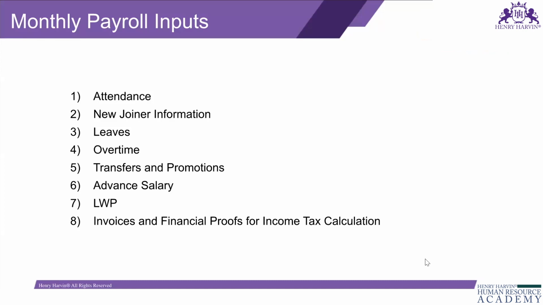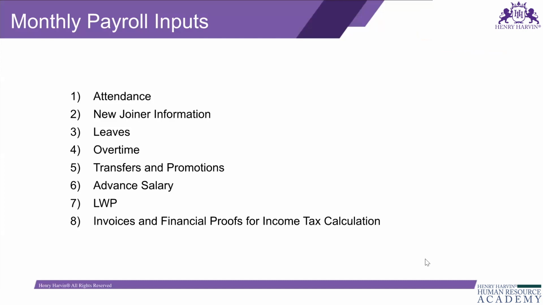13,000 rupees as a gross salary for that particular employee. So you would have missed the calculation. So it is very important to update the advance salary of the employees, only then you cannot miss the calculations.